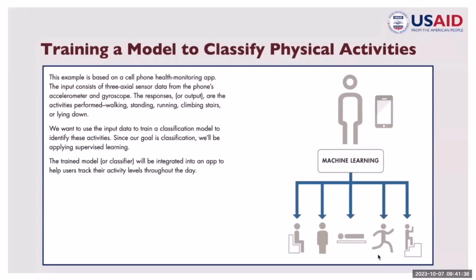We want to use the input data to train a classification model to identify these activities performed by the person. Our goal is classification, correct? Therefore, we will be using supervised learning. So the trained model or classifier will be integrated into an application to help users track their activity levels throughout the day.